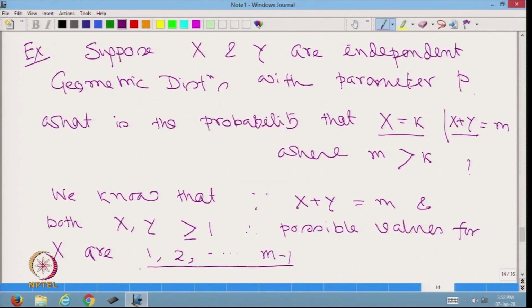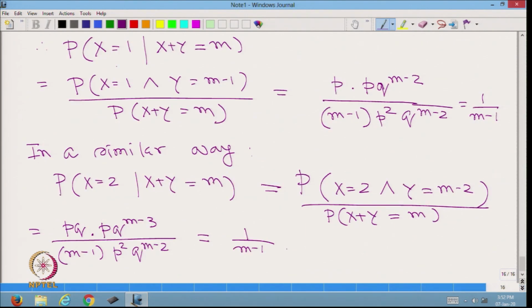We have observed that x can take values 1, 2, 3 up to m minus 1. Probability x is equal to 1 given x plus y is equal to m is 1 upon m minus 1, and probability x is equal to 2 given x plus y is equal to m is also 1 upon m minus 1.